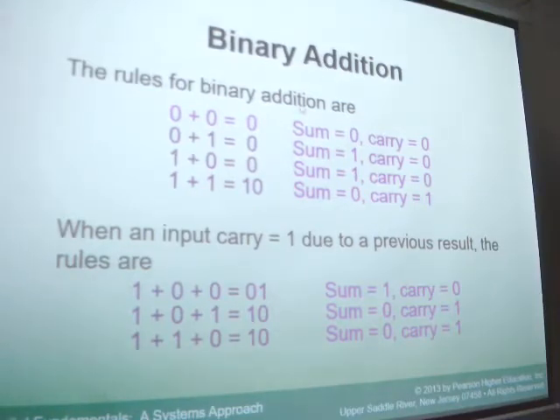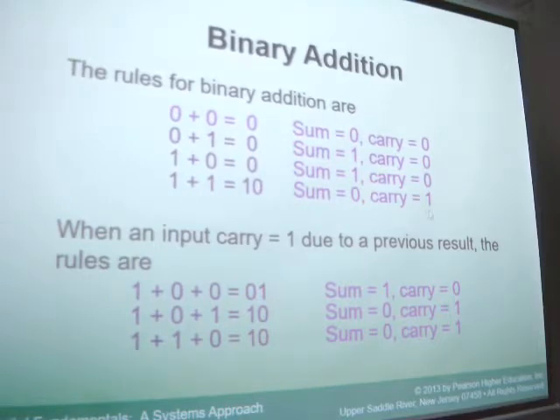For the rules for binary addition, we should take note that 1 plus 1 equals 10. The sum is 0, and the carry out is 1.